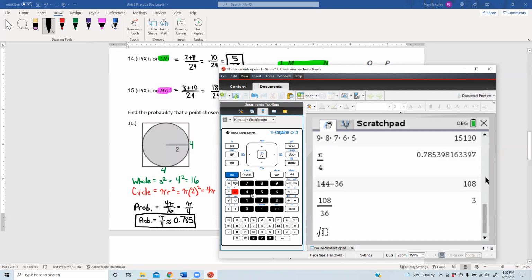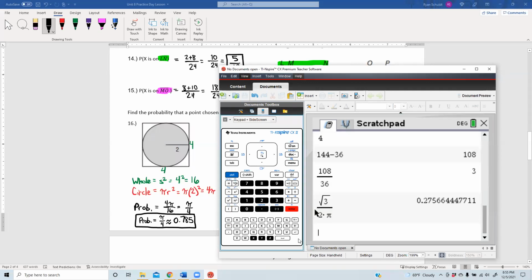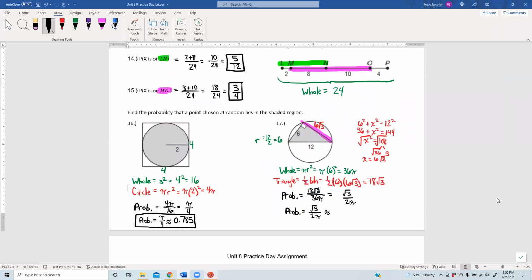So square root of 3 divided by 2 pi, 0.276, basically. Okay, those two were a little ugly. I'm sorry. I was trying to do the exact answer all the way down to the bitter end.